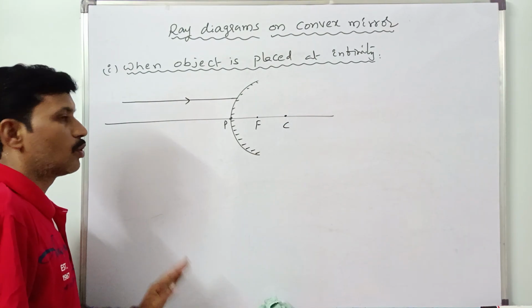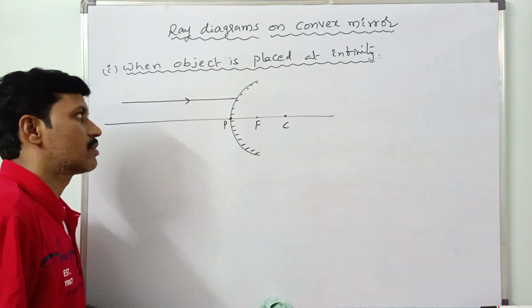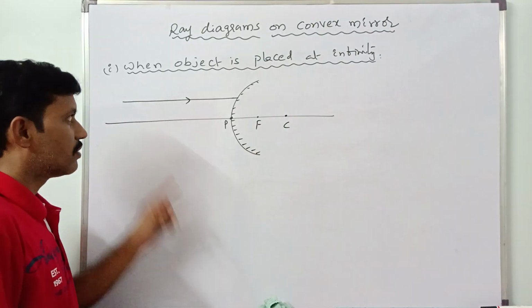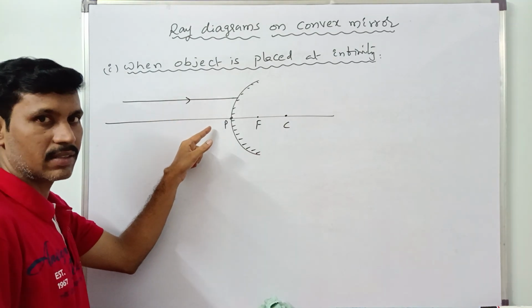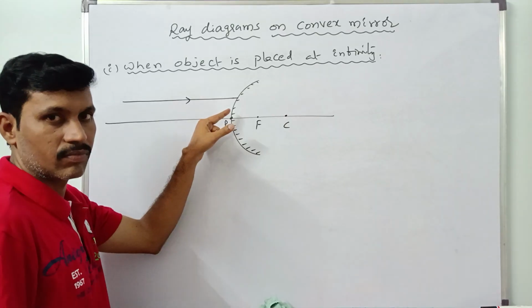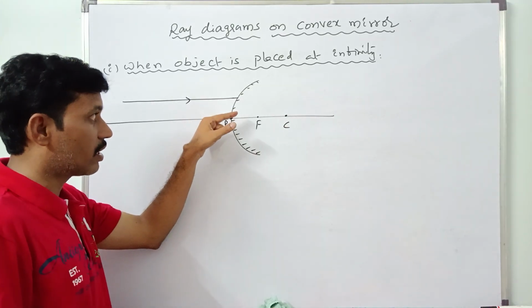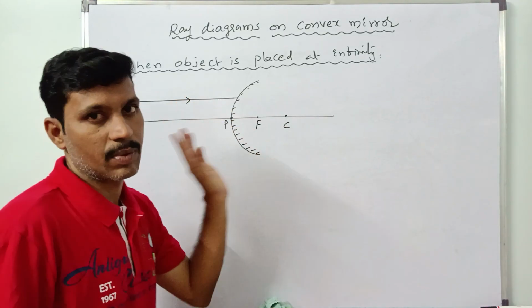Let us see. We know the rules to draw the ray diagrams. According to those rules, if any incident ray parallel to the principal axis is incident on the mirror, and it is a concave mirror, it passes through the principal focus.